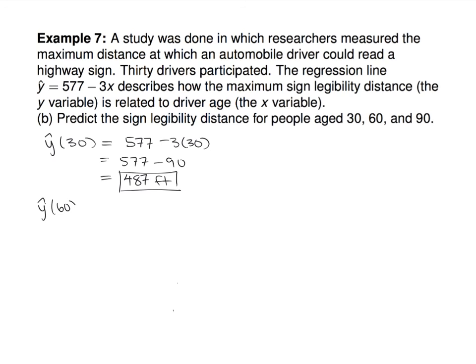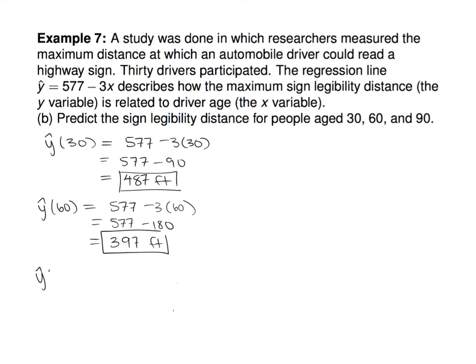Y hat of 60, this is 577 minus 3 times 60, or 577 minus 180, which is 397 feet. So on average, 60-year-olds see a sign at 397 feet away.